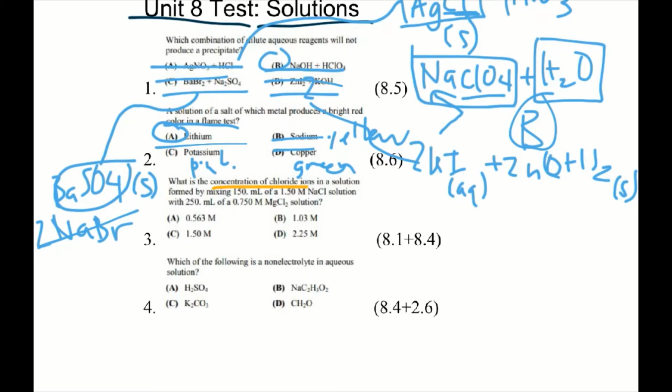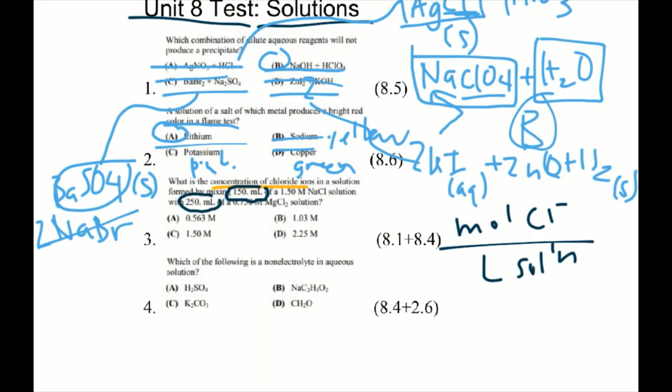Well, we know that the concentration of chloride ions is equal to the moles of chloride ions over the liters of solution. So let's first find the liters of solution. We know that we are mixing 150 mL of the first solution and 250 mL of the second solution.